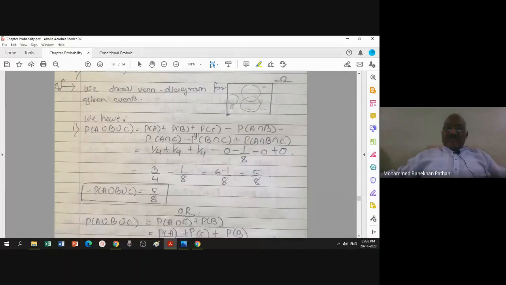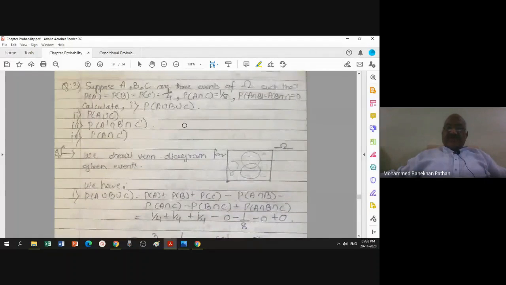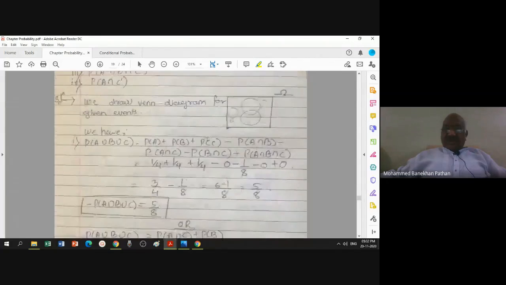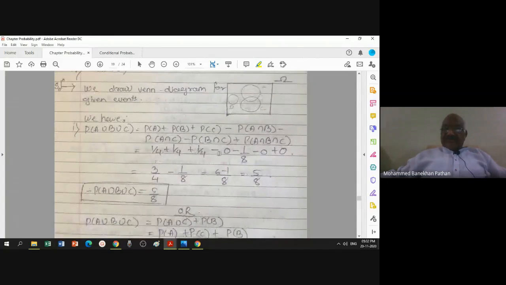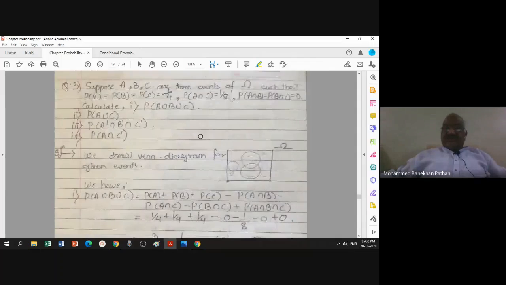Now put the values which are given in the question. So 1 by 4 is the probability for every event. P of A intersection C is 1 by 8. The rest is 0. So I put the values. Now you can see the last information is not in the question.